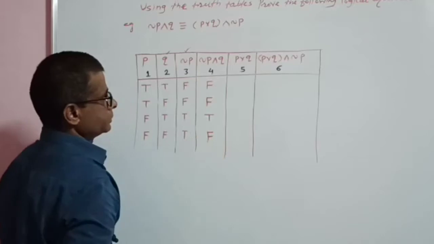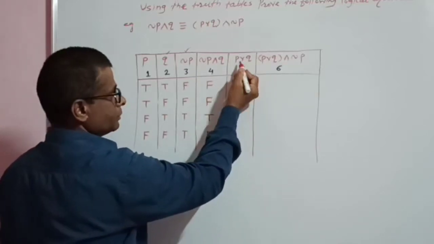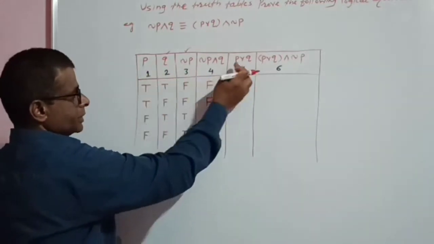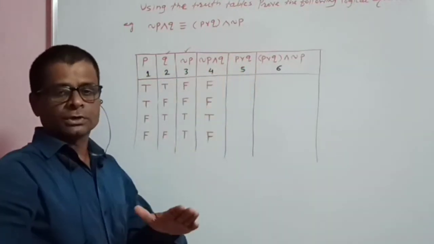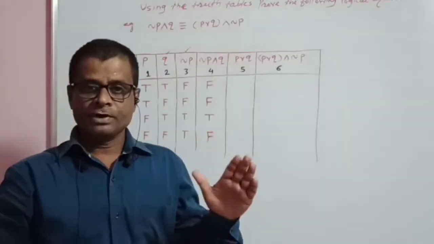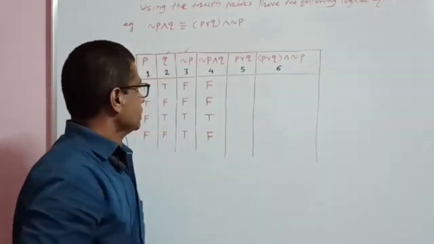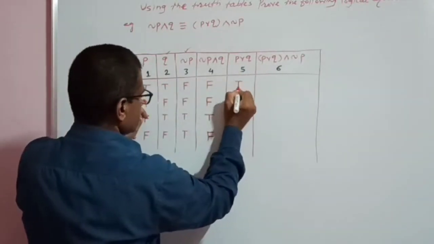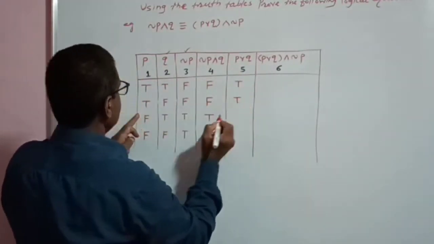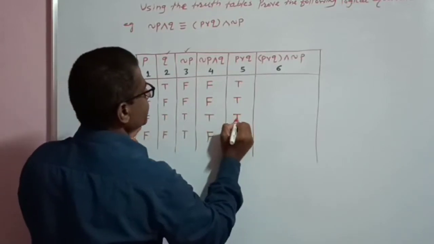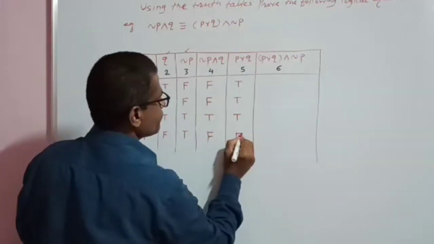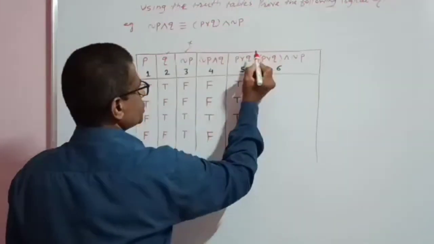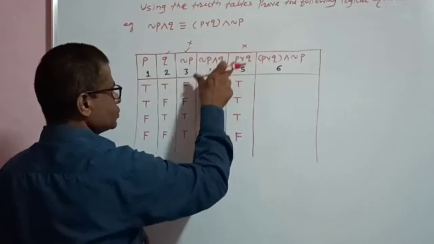Then come to the next column, which is the disjunction between P and Q. The disjunction is true if both are true, or if any one of the two statements is true. So TT is T, TF is T, FT is T, FF is F. Then you have to take the conjunction between these two columns.